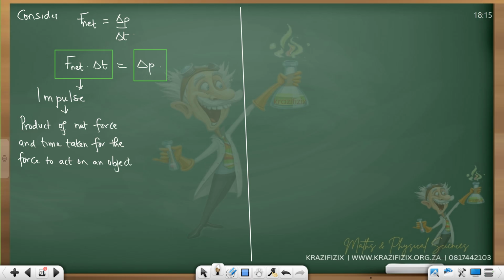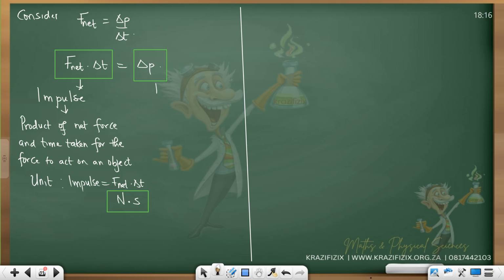That is called impulse. And our unit of impulse will be what? Impulse has no symbol, so we have to write it. Impulse is F net times delta t. This is Newton second. That's our unit.